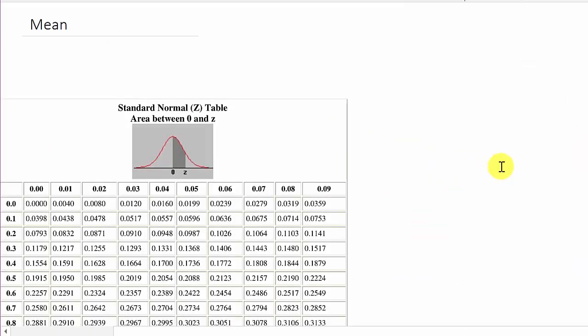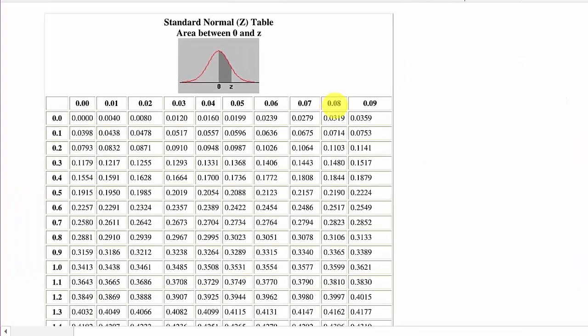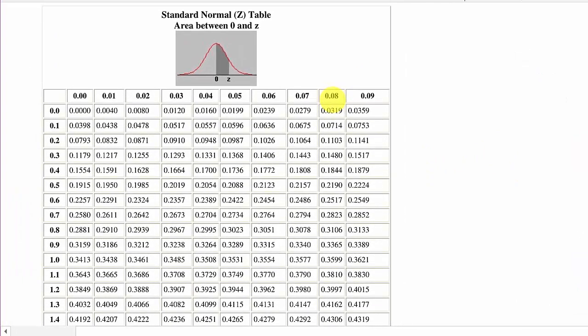All right, so here's this table. Now this table is similar to the other ones. It has the number with the first decimal place, and then the second decimal place up here. I've seen tables where they list them all, for example, here this is 1.10, this is 1.11, 1.12, 1.13, 1.14.